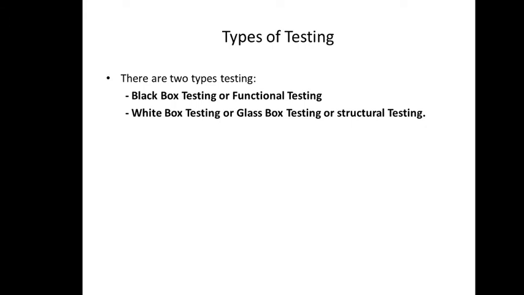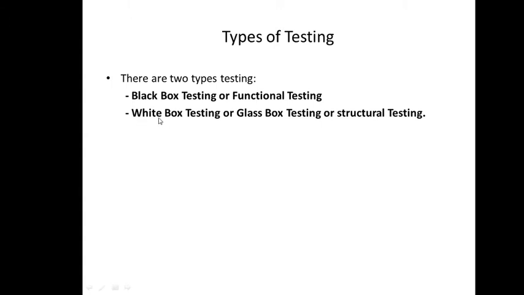As the name suggests, it is functional testing because we check the functions present in the SRS document. Why black box? Because we are not able to view the inner level details of the code. Simply, we give the input to the system and check the corresponding output, whether it is functionally correct or not.